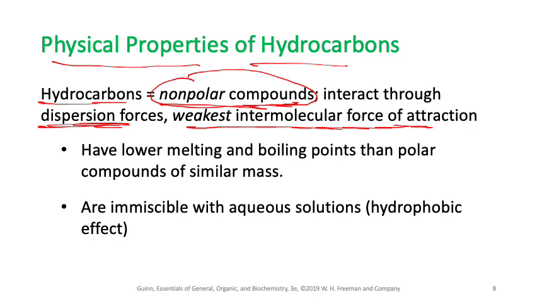Because of the presence of these dispersion forces, hydrocarbons always have lower melting and boiling points than polar compounds of similar mass, right? If we compare polar and non-polar, non-polar will always have a lower melting and boiling point.